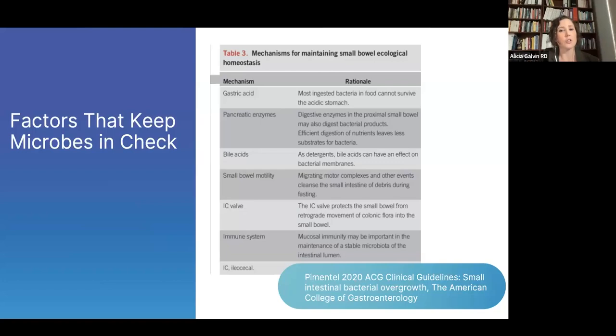So these are all the checkpoints that make sure that the types and also the abundance of microbes in our small intestine and large intestine are kept in balance. So if we see imbalance of the large intestine and the small intestine, that probably means there's dysfunction in some of these upper factors, these upper checkpoints.